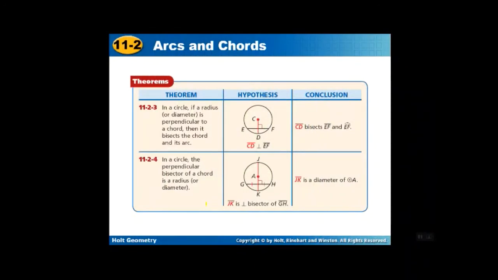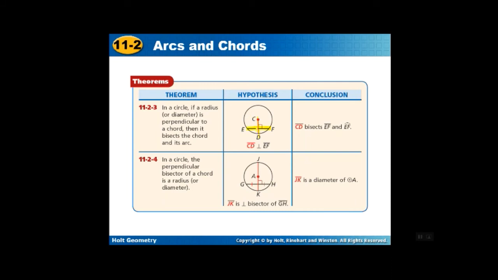Now the second part of the theorems in this lesson. The theorem says in any circle, if the radius is perpendicular to any chord on the circle, look, CD is a radius. Now EF is a chord.